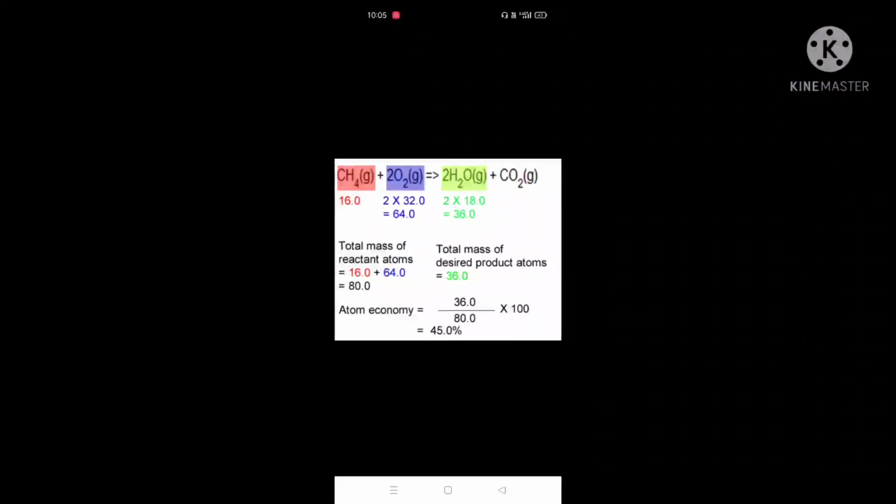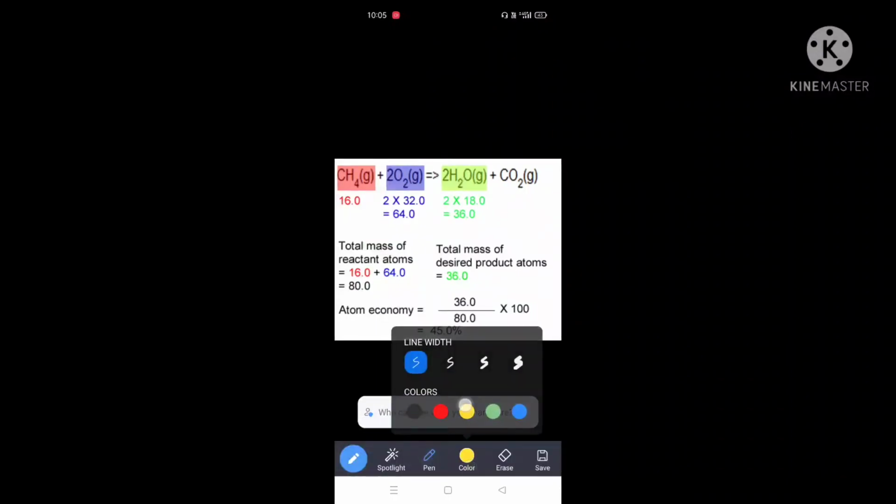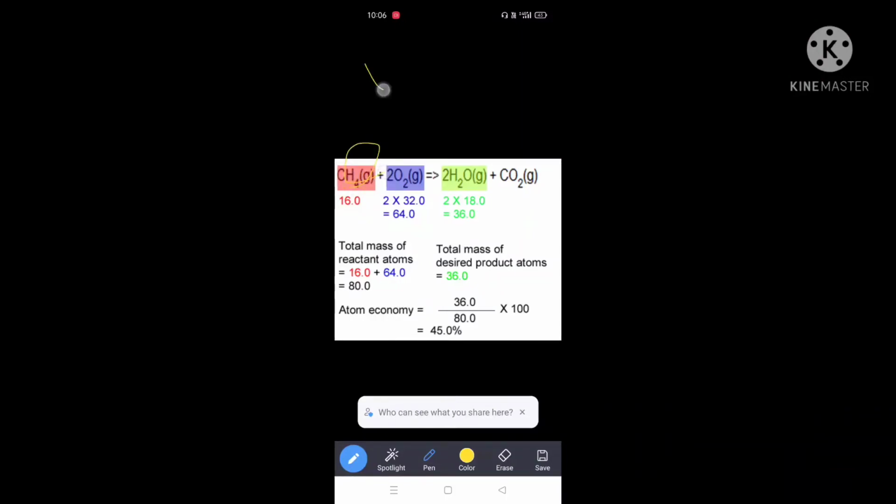Molar mass or molecular weight of methane. Here in methane, molecular formula CH4, 1 carbon is 12, and hydrogen atomic mass 1. 1 into how many hydrogens are present? 4. So totally 12 plus 4, 16.